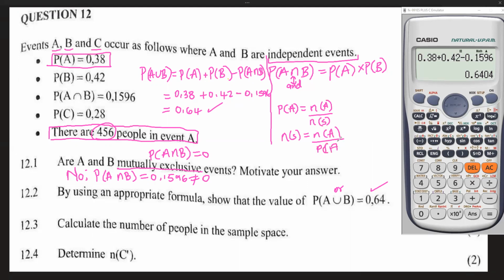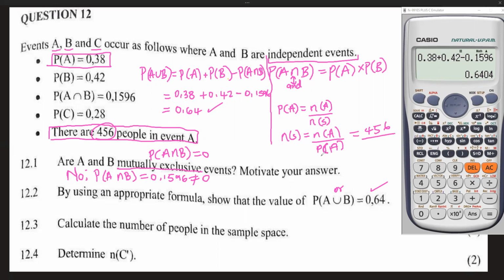I'm going to make a video on important algebra techniques that you need to know across mathematics subjects, okay? And it should be uploaded soon. You should be looking out for it so that you know these techniques that I just used here, like switching around and all other important types of algebra rules. So in this case, I'm sorted now. I have the number of people in A, which is 456.